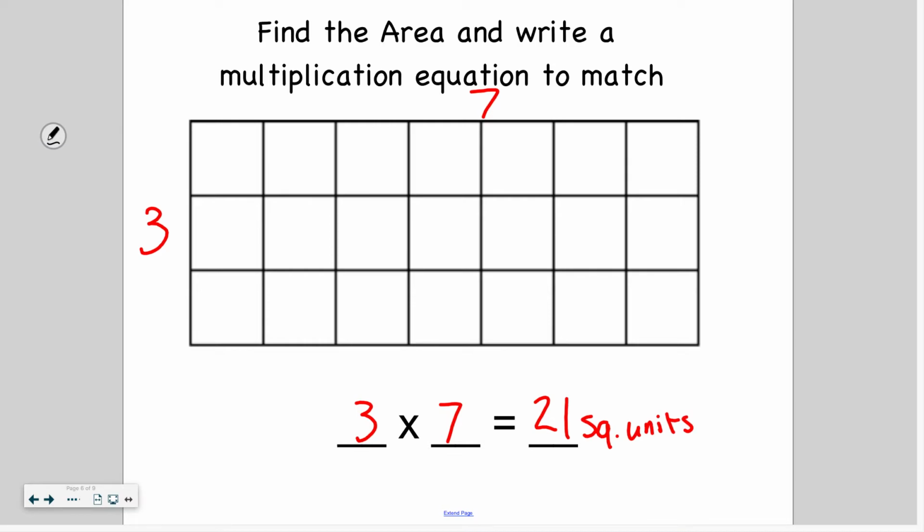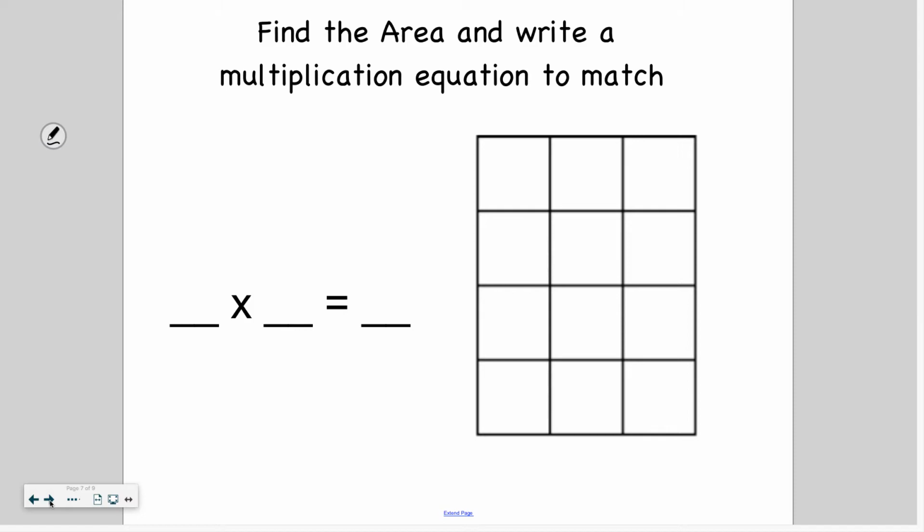So let's try one together. What are the lengths of the sides of this rectangle? Hopefully said there's 4 on this side and 3 on this side, right? 4 for the width and 3 for the length.